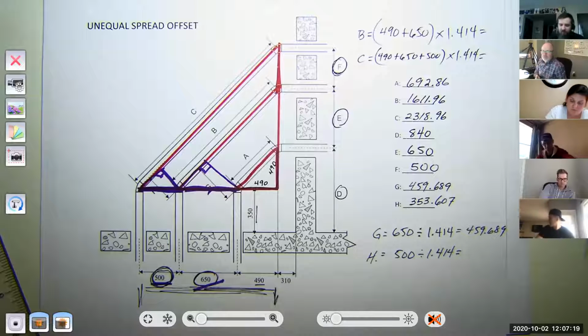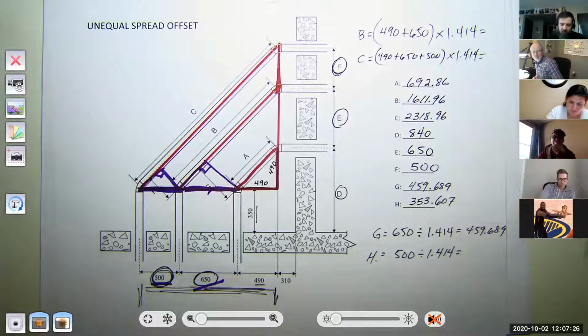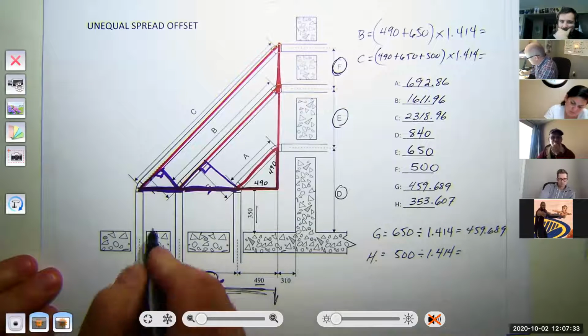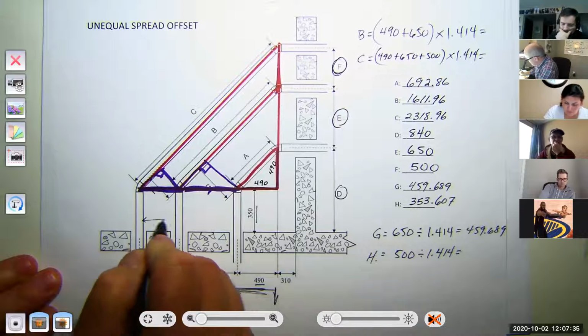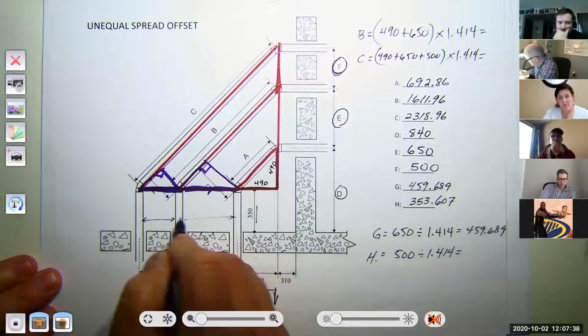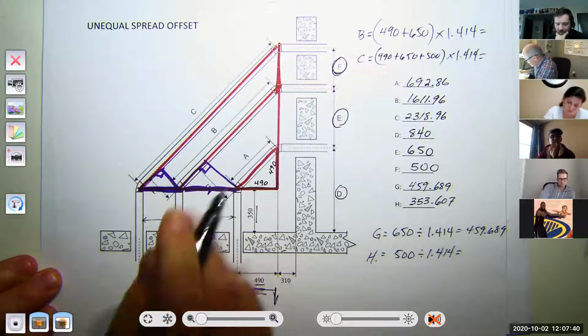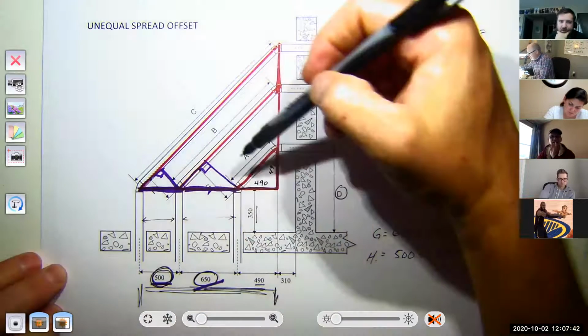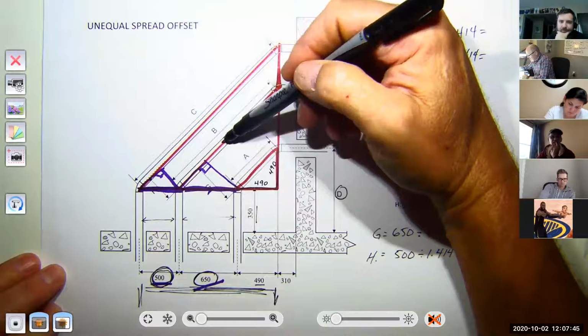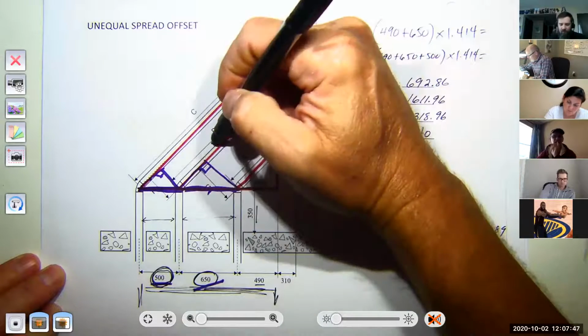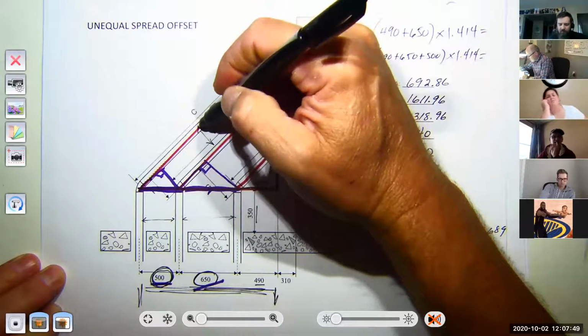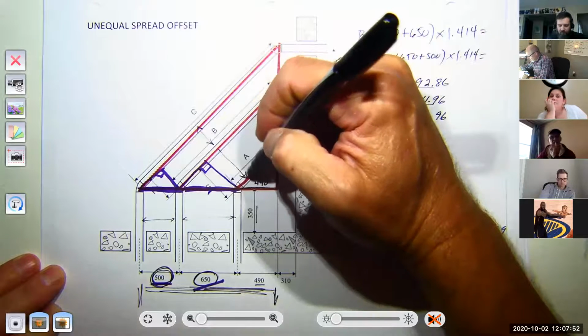Any questions on that? How do I tell the difference between an unequal spread offset and an equal spread offset? That is a great question. Look at this. All these measurements are unequal down here, but that's fine. But what isn't equal is the spread. So the spread from the pipes is not equal.